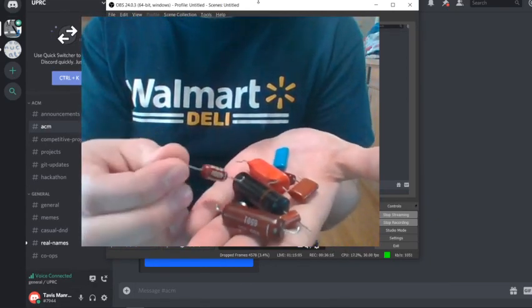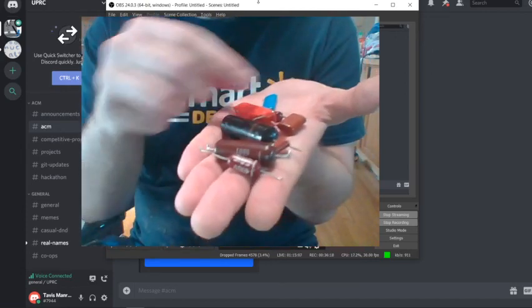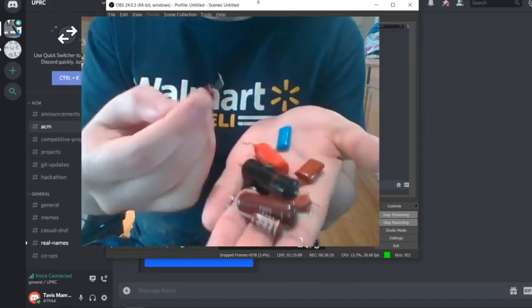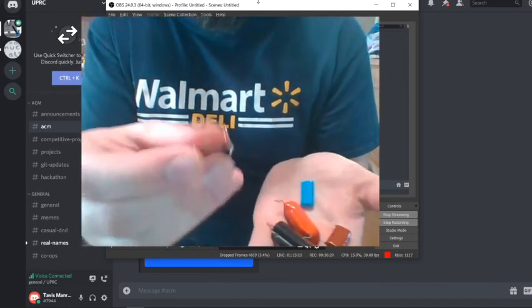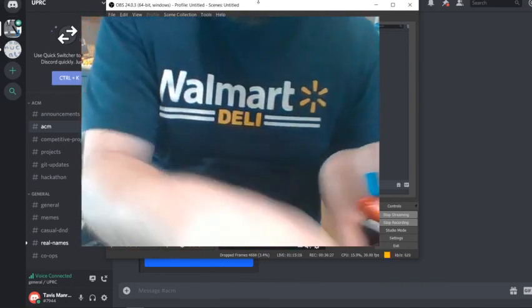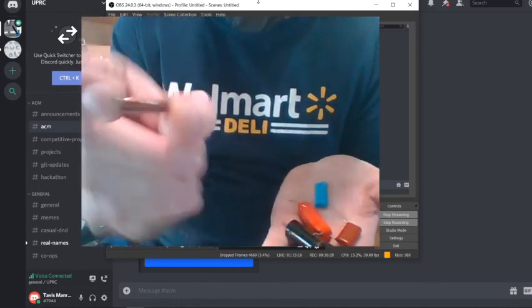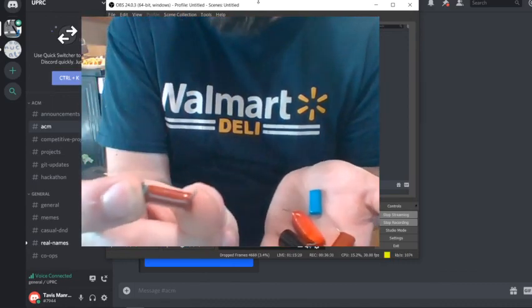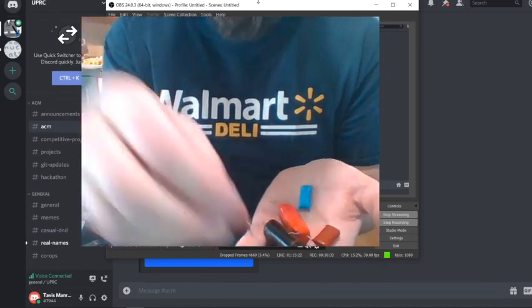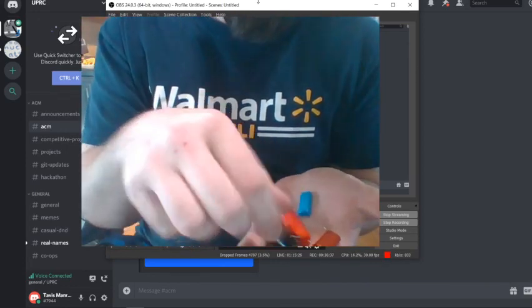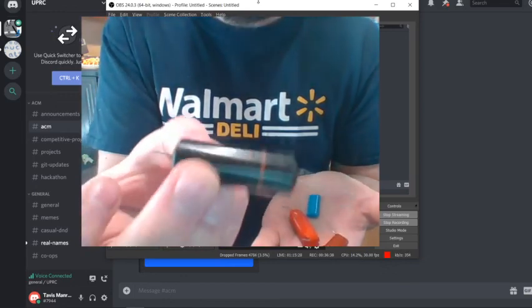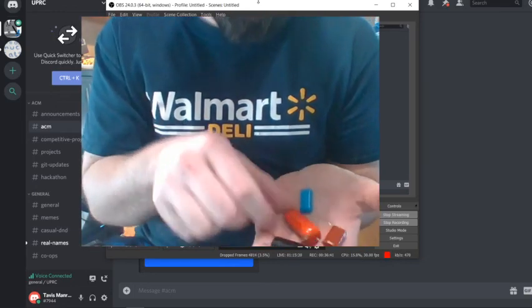We have an Erie. I don't know if there's any relation to the local Eries. We have a more modern style, and you can tell because generally they're radially leaded like this, so that you can put it in a circuit board. These were made before circuit boards were really common, so a lot of times they're axially leaded.